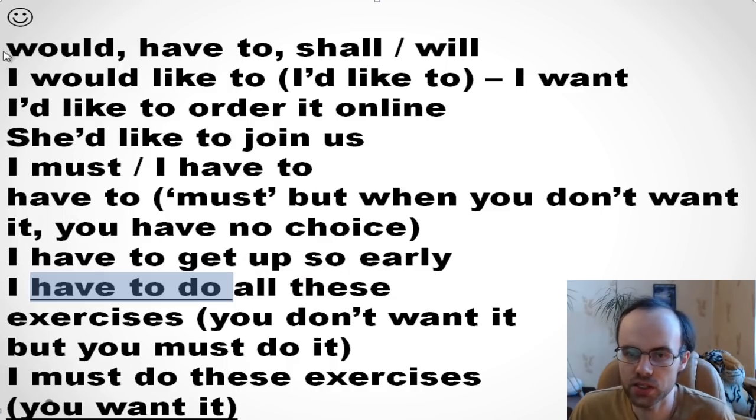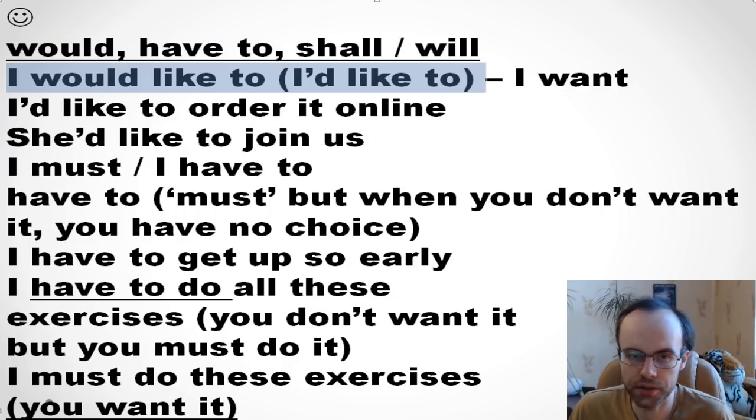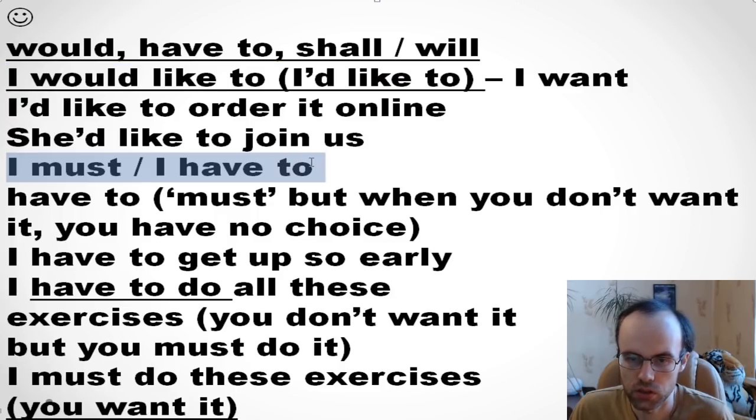Okay, let's talk about would, have to, shall and will. I would like to, or I'd like to. I want. I'd like to order it online. She'd like to join us. I must and I have to.